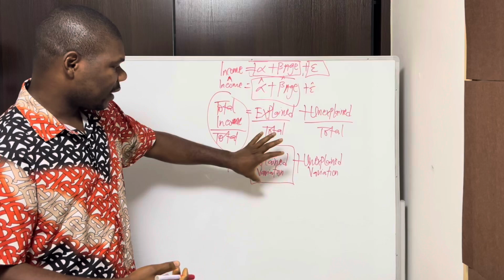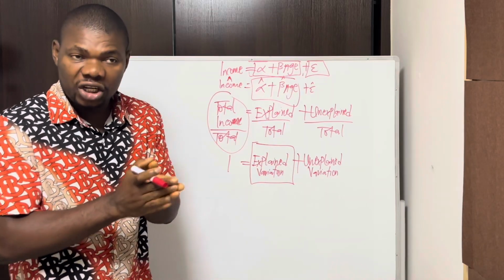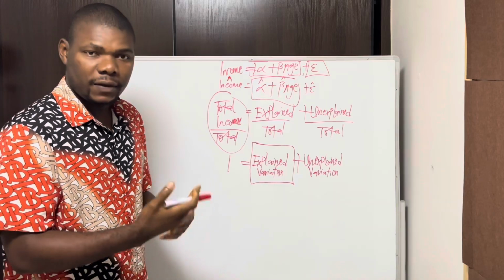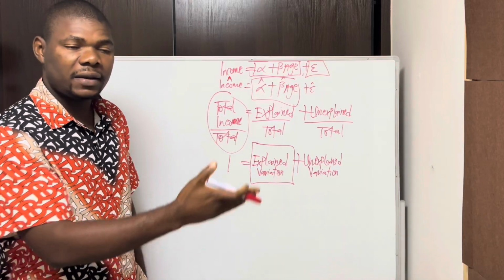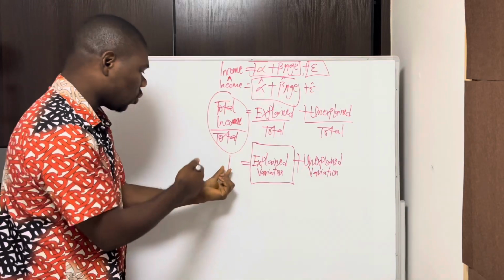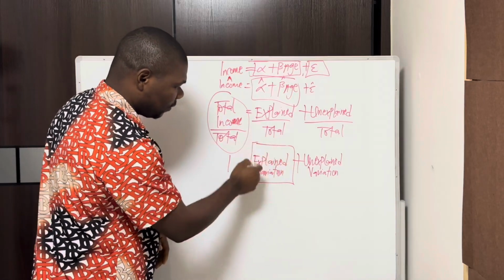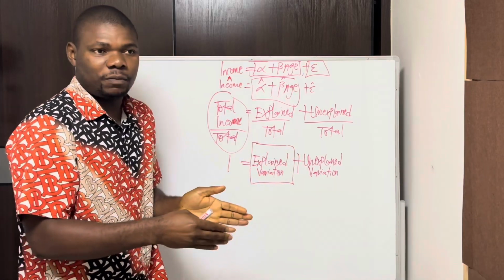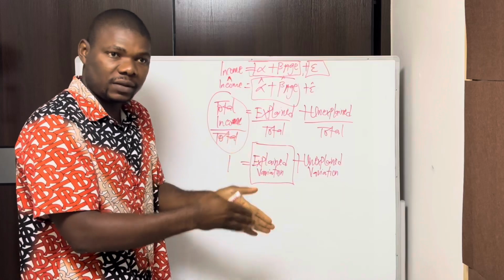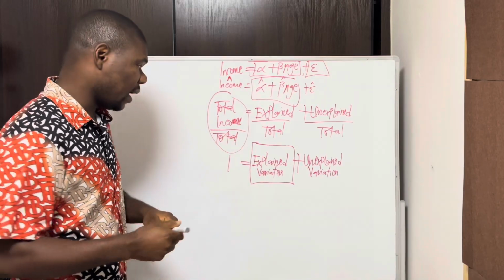If that explained component is large enough, then it means that the model did very well in explaining the changes in the dependent variable. Since the total adds up to 1, whatever this is going to be, it should range from 0 to 1. It wouldn't exceed that.